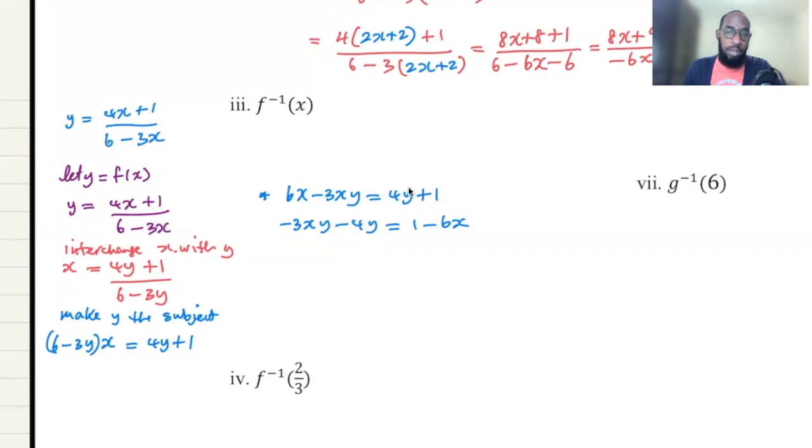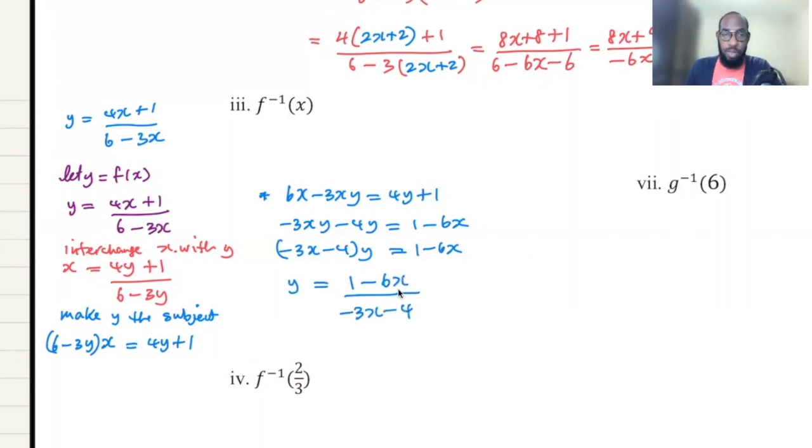So I have here, I need to get y on one side. I have negative 3xy minus 4y is equal to 1 minus 6x. Good, I'm going on the right path. I do a little factorization here. Right, so y is equal to 1 minus 6x all over negative 3x minus 4.